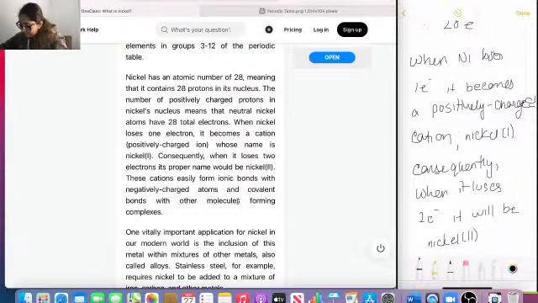These cations easily form ionic bonds with negatively charged atoms and covalent bonds with other molecules, forming complexes.